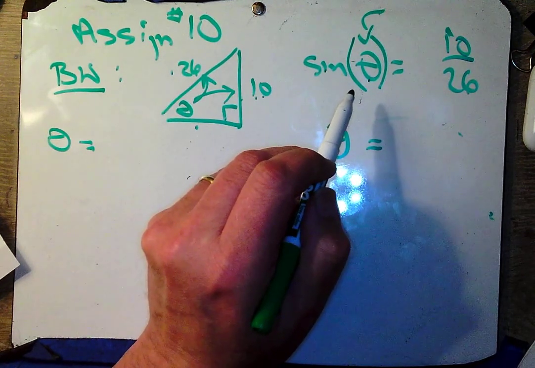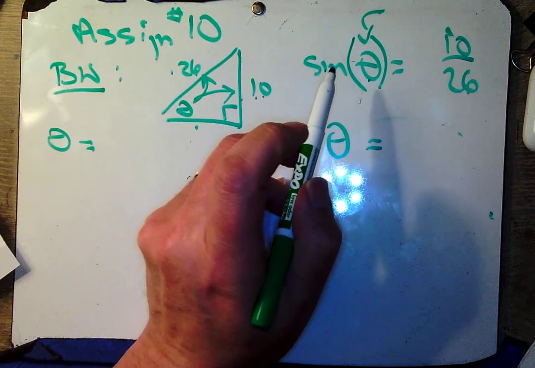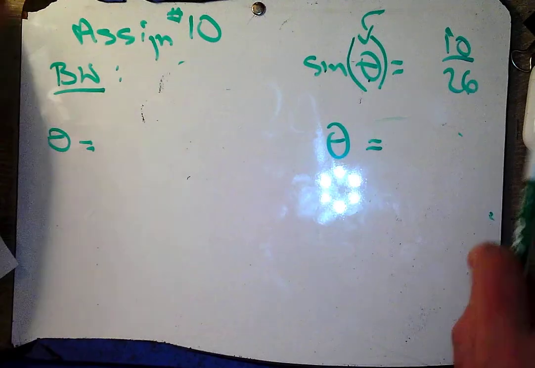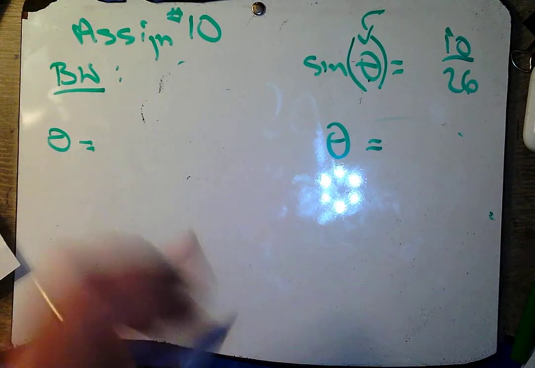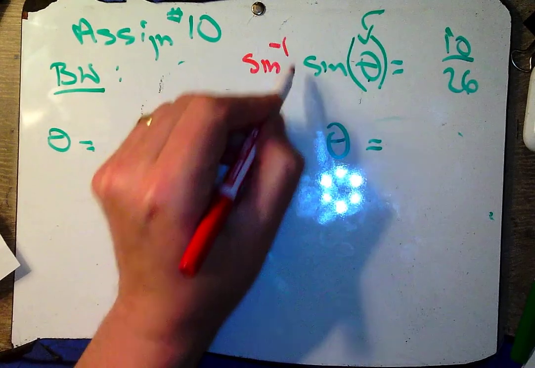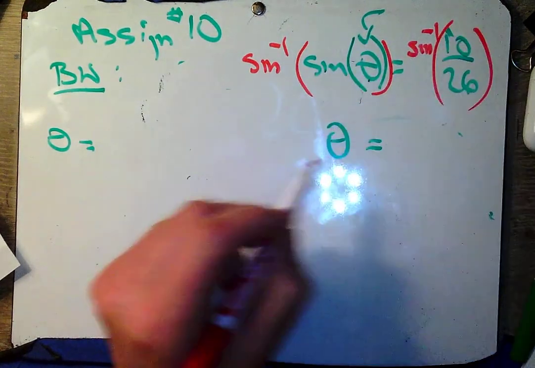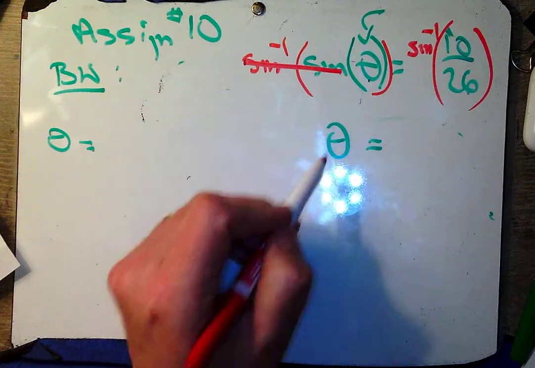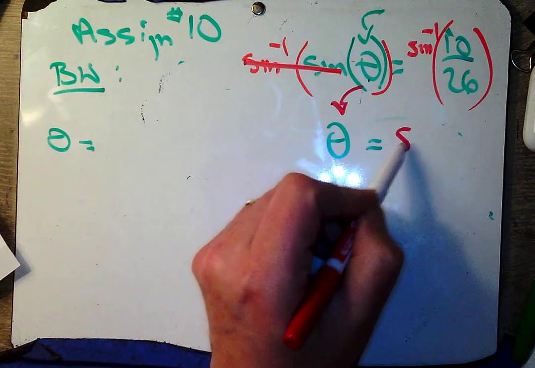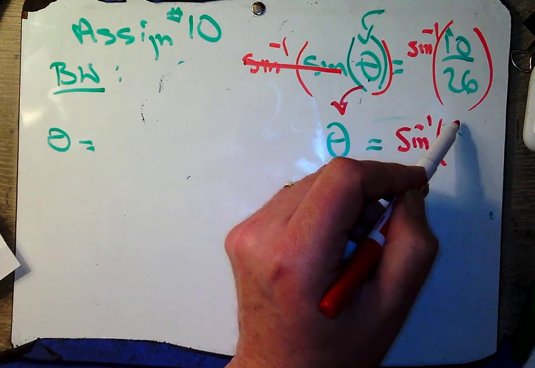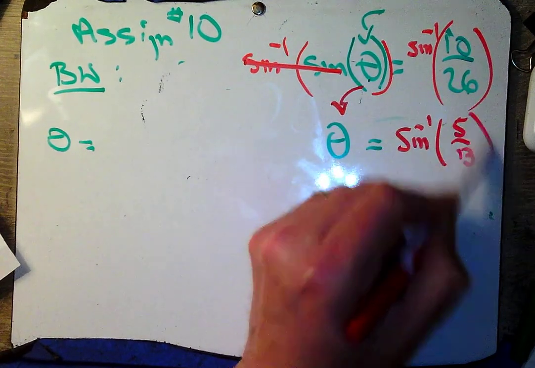That is a sin. Don't do that. In fact, what I really need to do is to use the inverse. Sine inverse. Sine inverse. Okay? These will cancel, leaving me theta. And over here, sine inverse of 10 over 26, or 5 over 13.